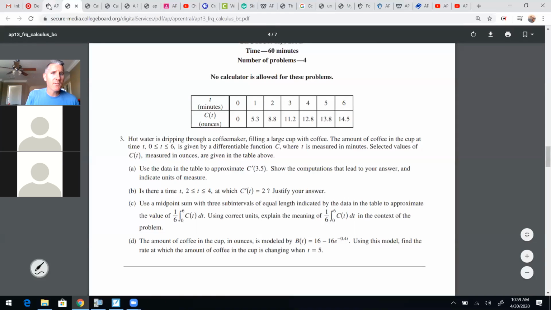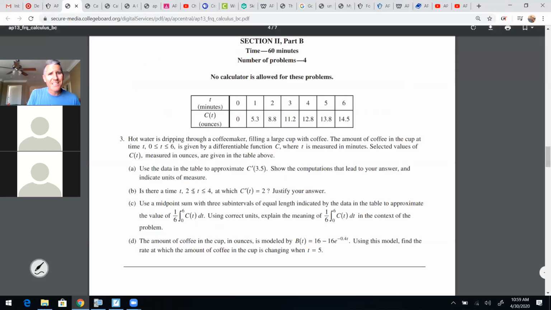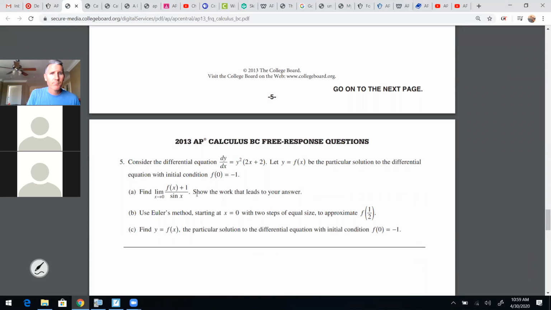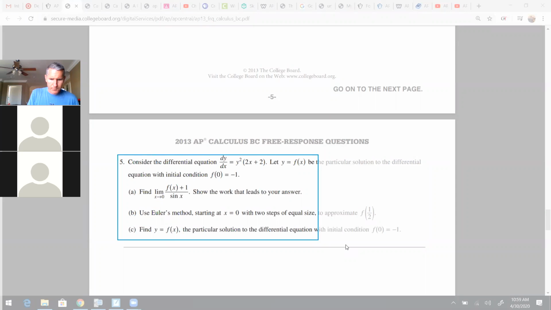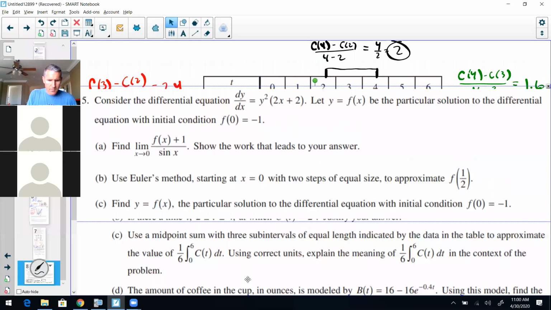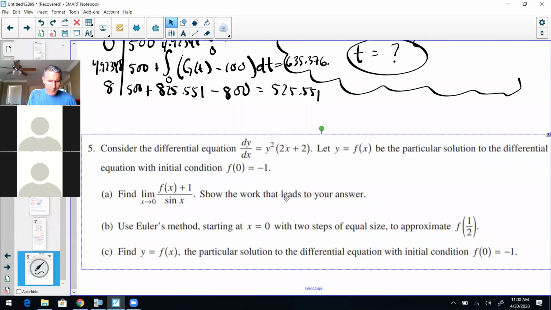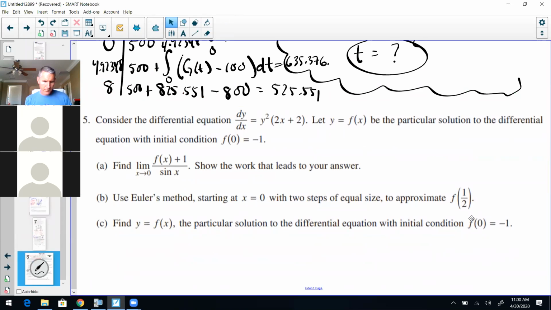Anyway, so that's a mean value theorem problem. That was 3B. Looking at 5C, also 5B. So here we go, let's look at 5.